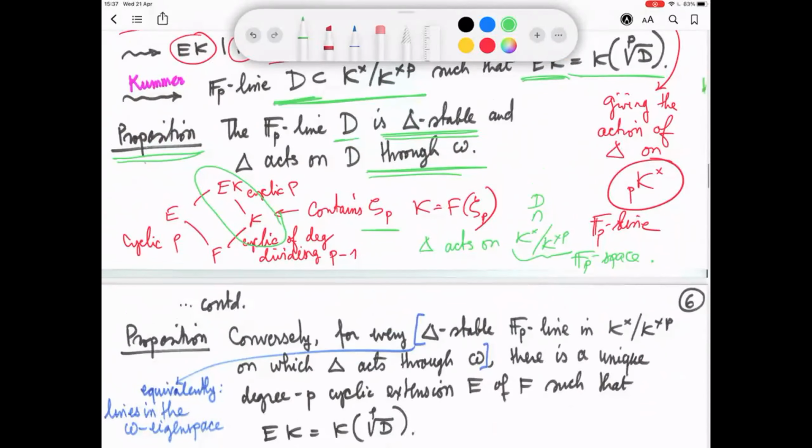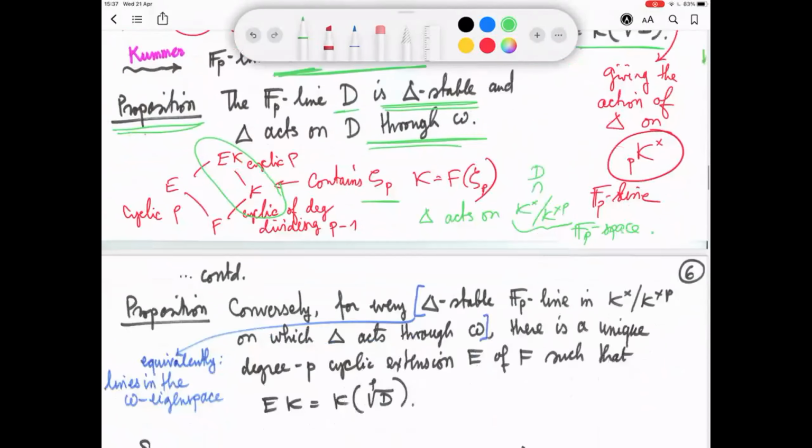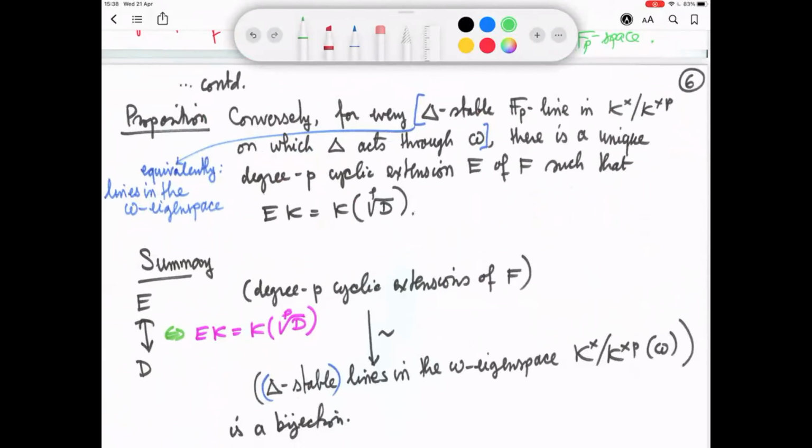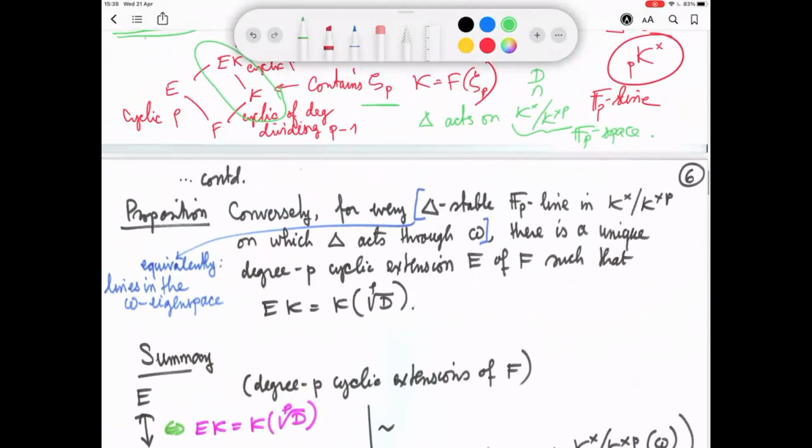I'm not going to prove it because we have proved it several times maybe in the past. And conversely, no, not so, that was one direction. What was that direction? That direction was that E over F gave rise to D in K star modulo K star to the P, omega.